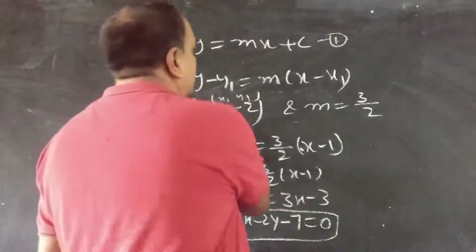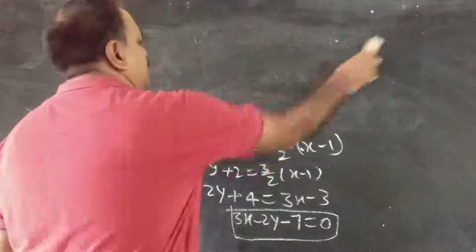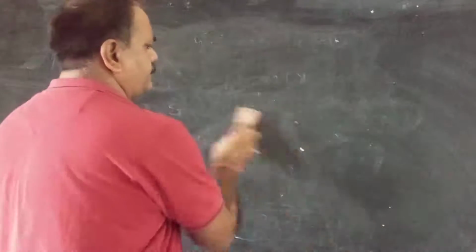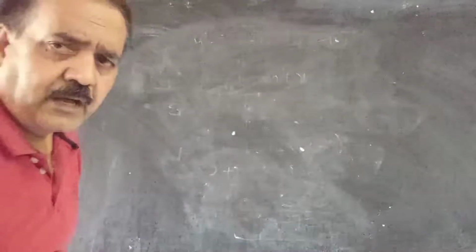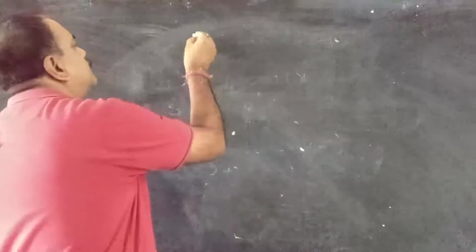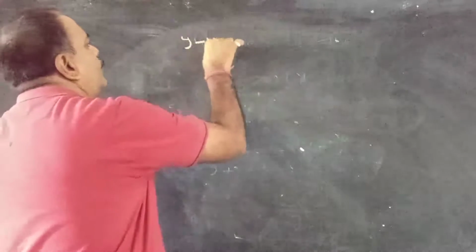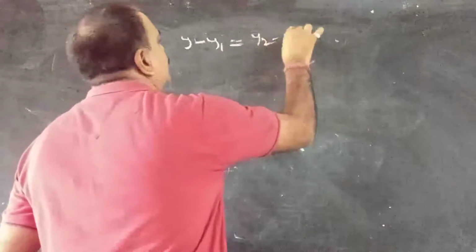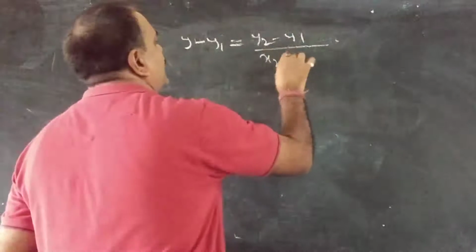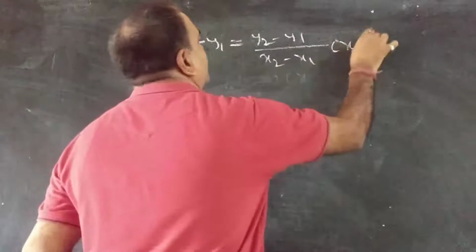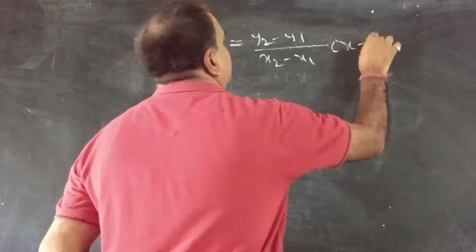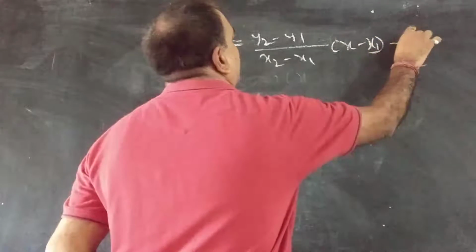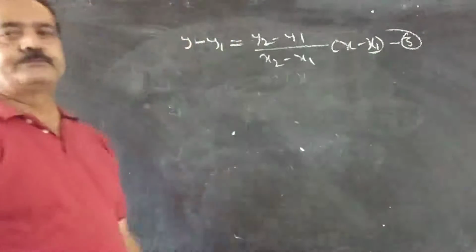Now, another form: y minus y1 is equal to (y2 minus y1) by (x2 minus x1) into (x minus x1). This is the third form of the equation of line.